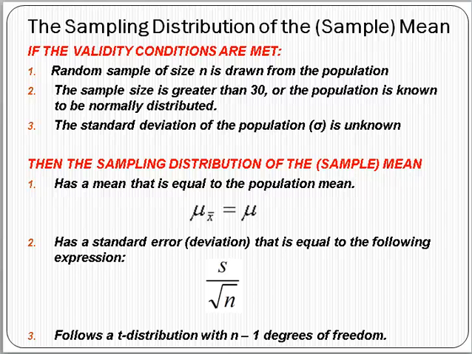Basically, all of this still comes back to sampling distributions and the sampling distribution of the means, since we're doing a hypothesis test for population means.